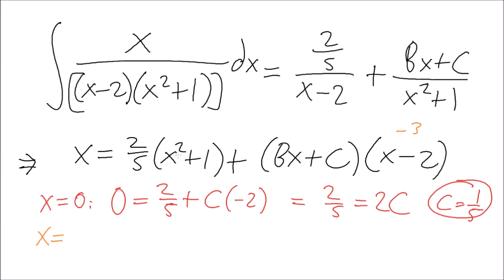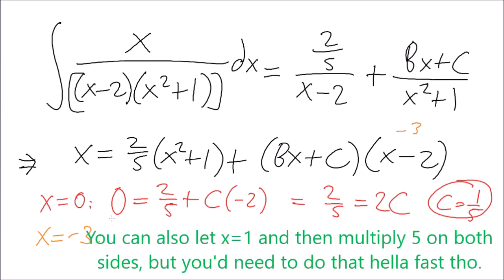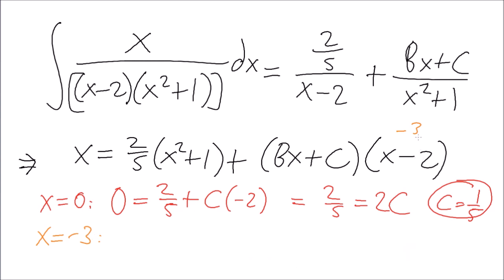Also cancel out the fraction. Awesome! Let x equal -3. Unless you don't like negative numbers, but deal with it. So -3 is equal to, and this is 10, so it's 2.